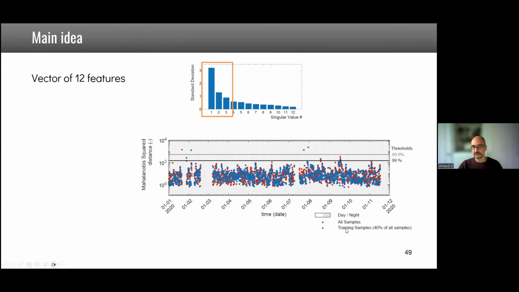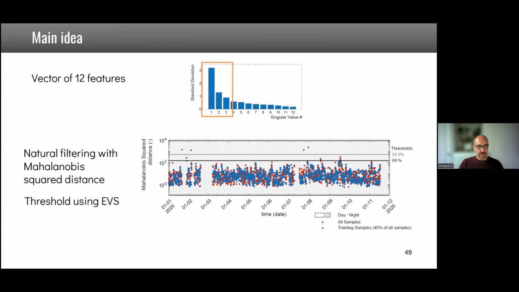So we have the training samples, and then all samples at the red points are not used for training. So they are used as a testing set, as I explained before. And you see that it works really well. I have 1 or 2 points here above. I can even set thresholds, 99, 99.9, and I can really have something that is below threshold and that would react, hopefully, if some damage occurs, okay?